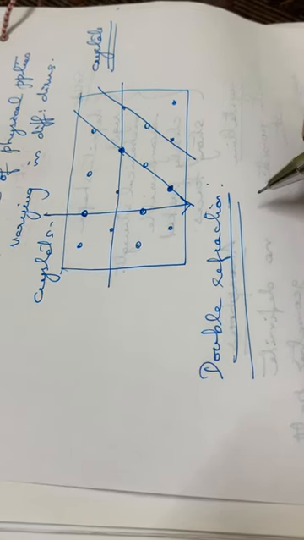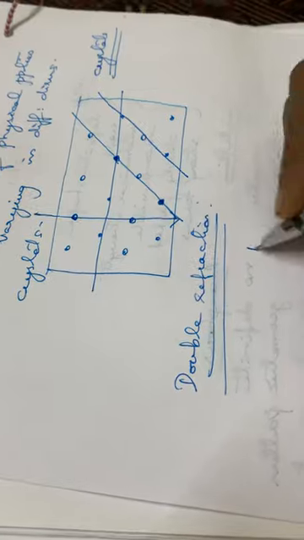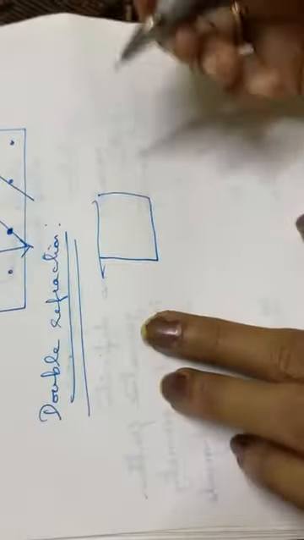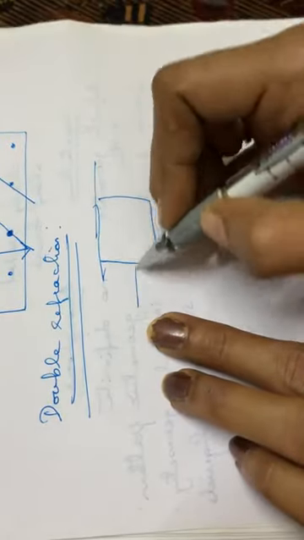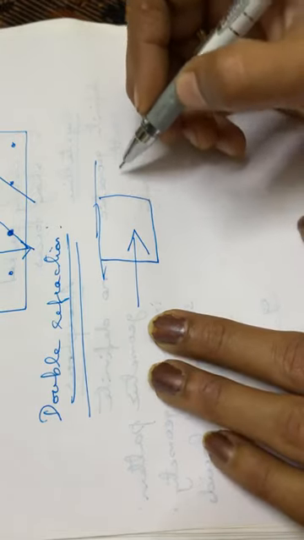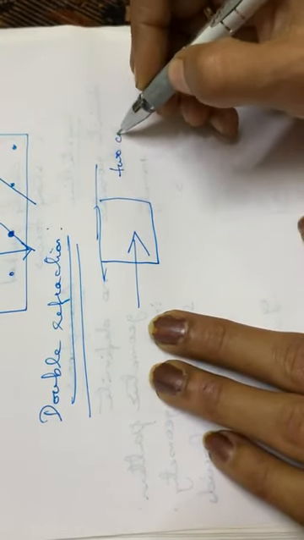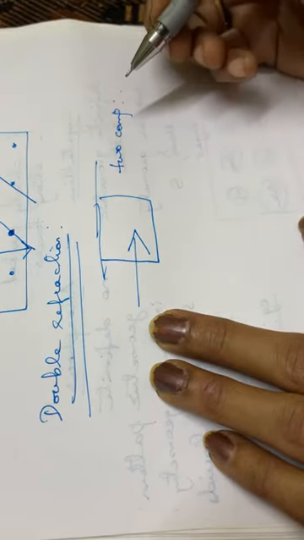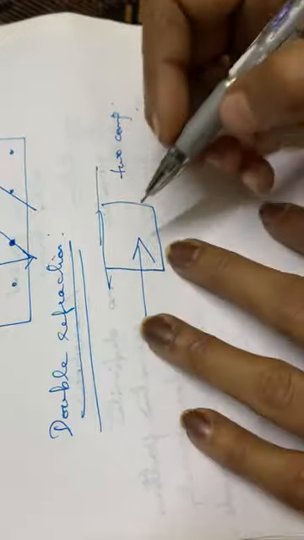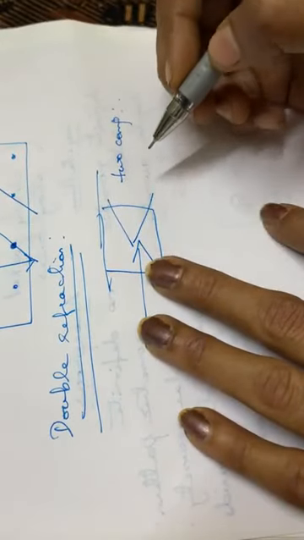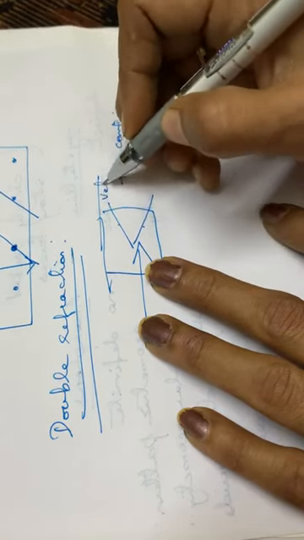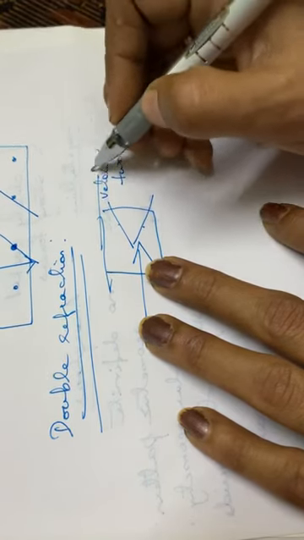In the case of double refraction, when a ray of light enters into the crystal, this ray of light will be split into two components, and these two components will be traveling in two different paths and also with different velocities.